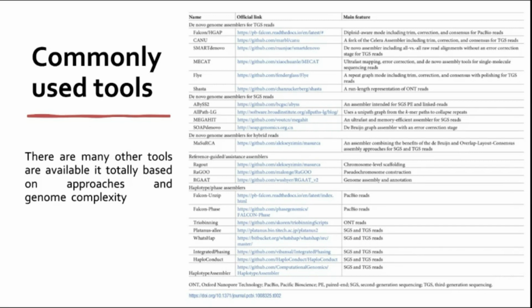Suppose from the short reads you are getting a thousand contigs, and from the long reads you are getting 200 contigs or scaffolds. Now I want my assembly to be reference-guided with the long reads, and to see how many reads are again going and fixing to the available contigs.